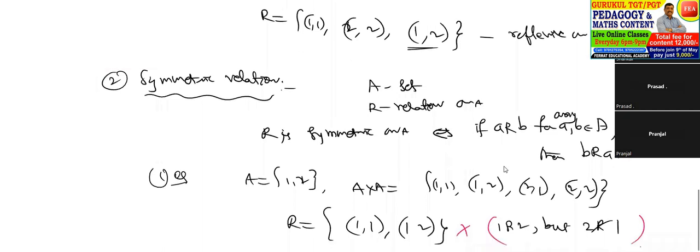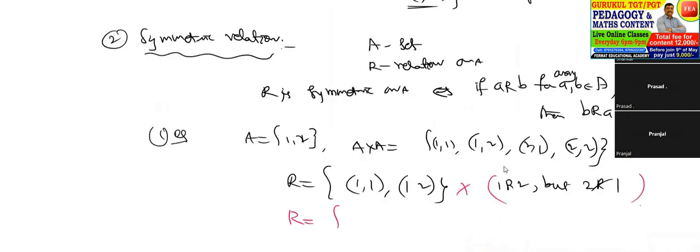Suppose I take R equal to {(1, 1)}. Is it symmetric? Yes, sir. Suppose you take {(1, 1), (2, 2)}. Is it symmetric? Yes, sir. Suppose you take R equal to {(1, 1), (2, 2), (1, 2)}.